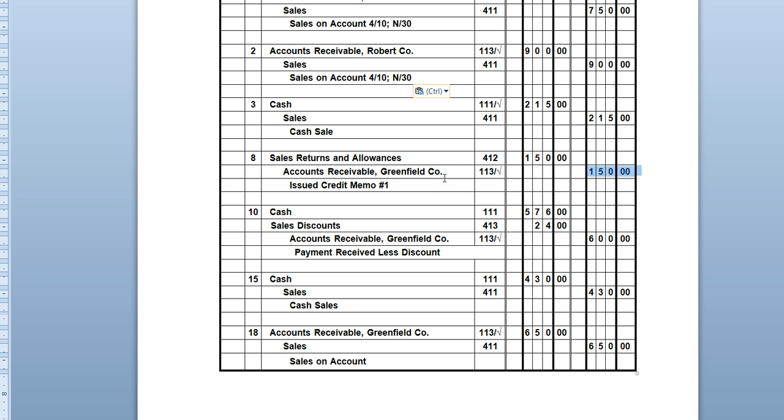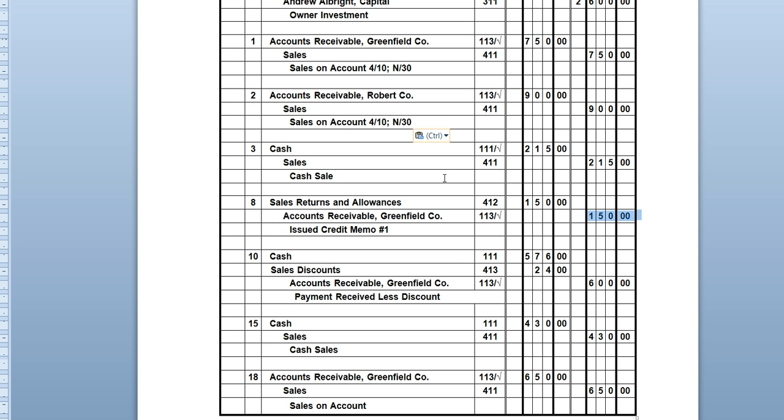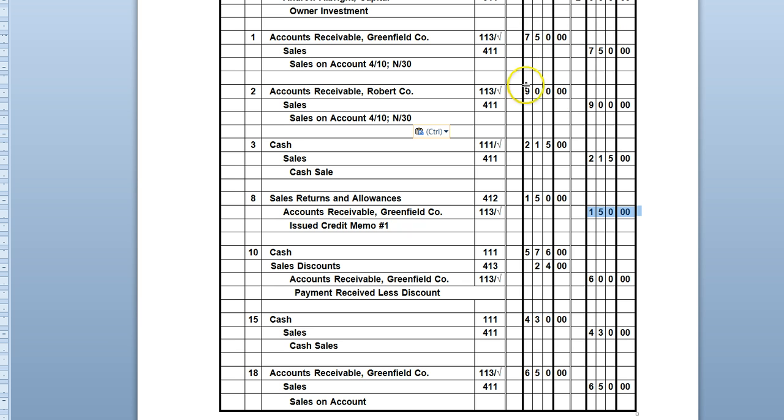And if he started off owing us $750, as you can see here, he's going to be owing us $600 at this point after we subtract the $150 from his account. Now, this account up here is a contra revenue, and when you do your income statement, you're going to see that $150 as a direct reduction from the sales account.